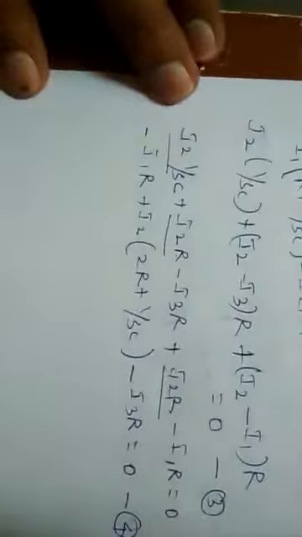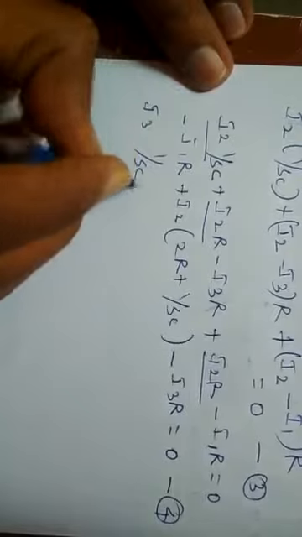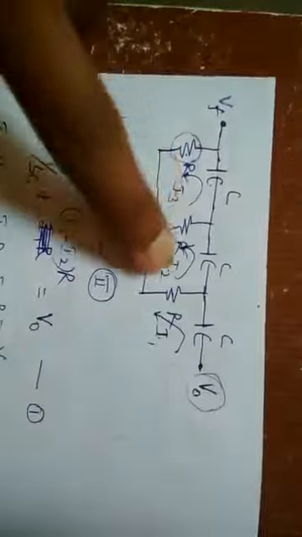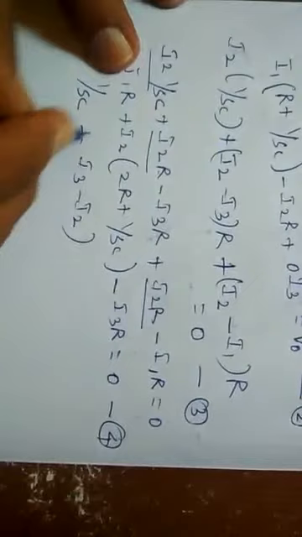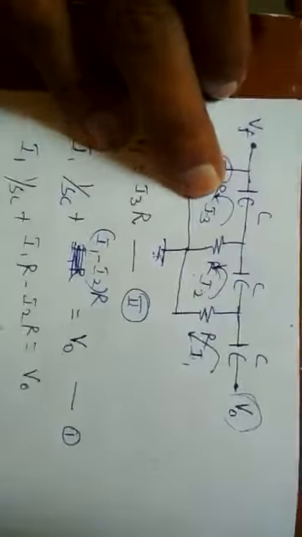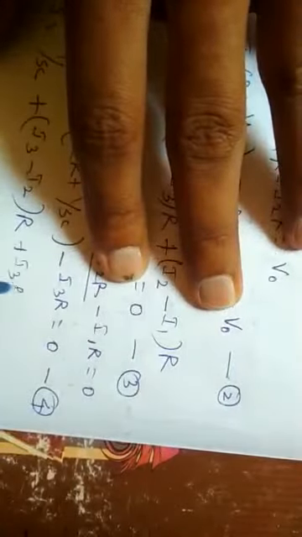So firstly you can write I3 into 1 by SC plus I3 minus I2 into R, and the final one I3 into R, equals the total potential around the loop.